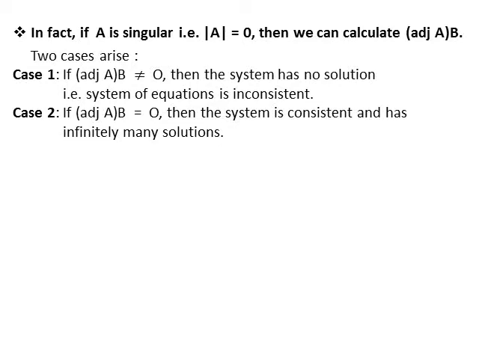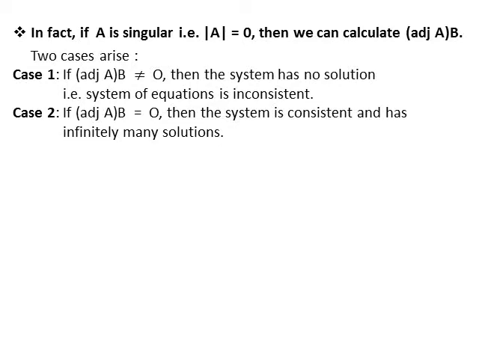If product of adjoint A and B is not equal to null matrix O, then the system has no solution. It means system of equation is inconsistent. Case 2, if product of adjoint A and B equals to null matrix O, then the system is consistent and has infinite many solutions.